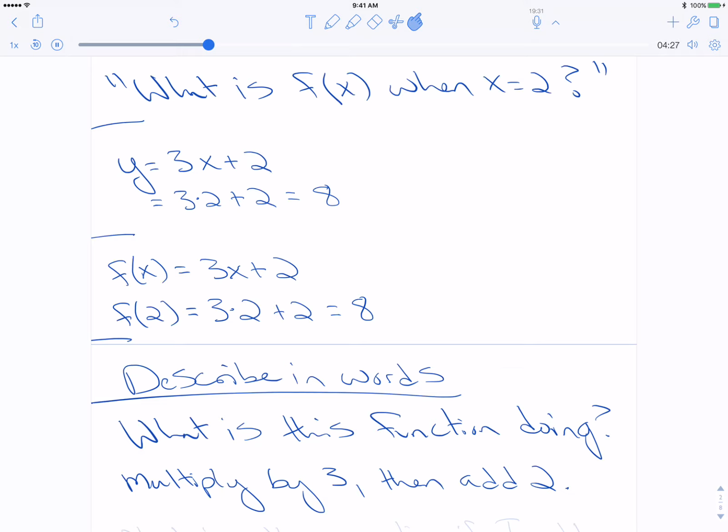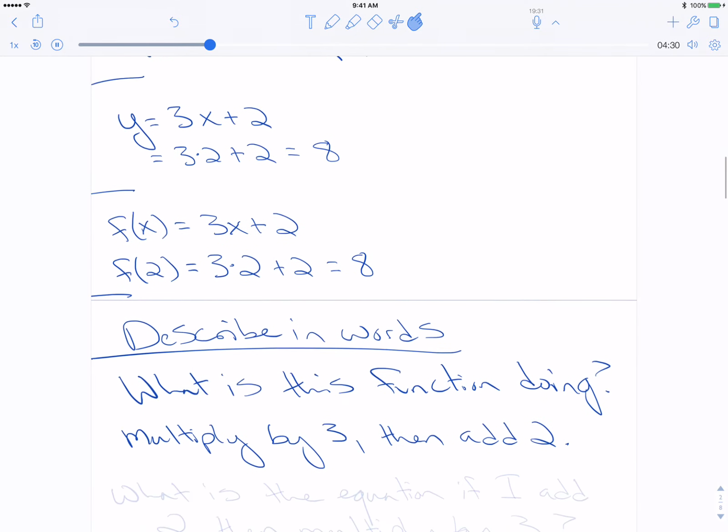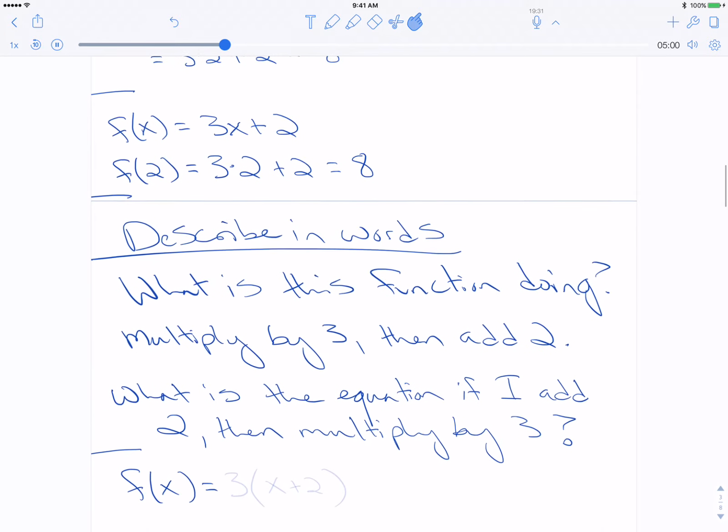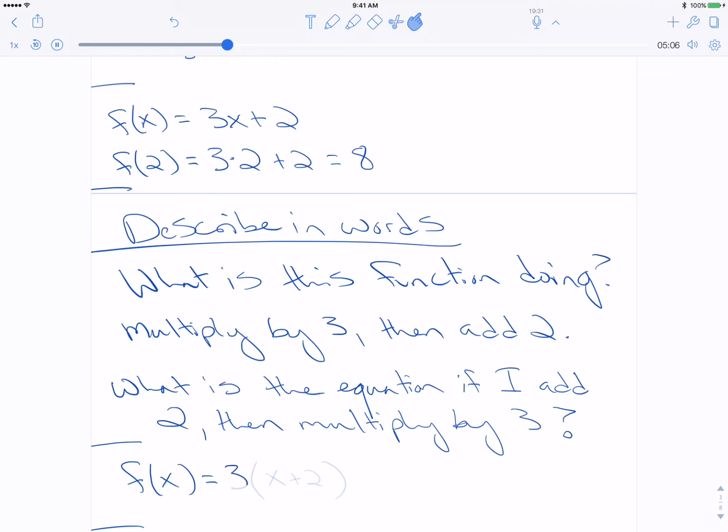So what would the function be if I added 2 and then multiplied by 3? If I'm adding 2 first, then that whole thing needs to be multiplied by 3. So the function that would correspond to this is 3 times the quantity x plus 2.